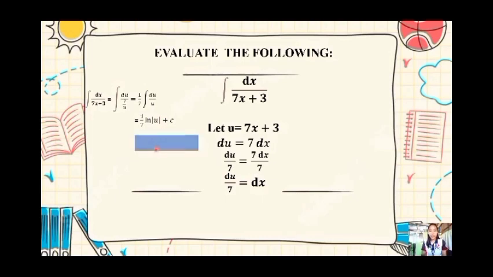Next, let us substitute the value of u. So our answer will be 1 over 7 ln of the absolute value of 7x plus 3, plus c. It is plus c because this integral is what we call the indefinite integral. That's all. Thank you.